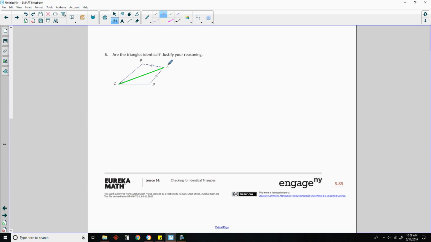Okay, I guess that's an E, not a K. So FE is congruent to DE because of these marks. CE is congruent to itself right here. And then we have this angle here, so angle FCE is congruent to angle DCE.